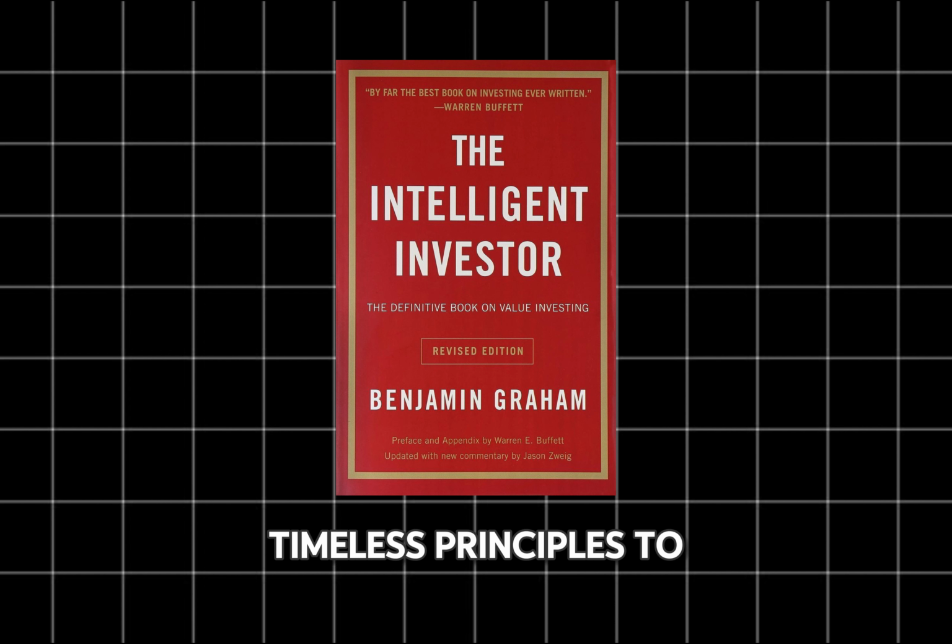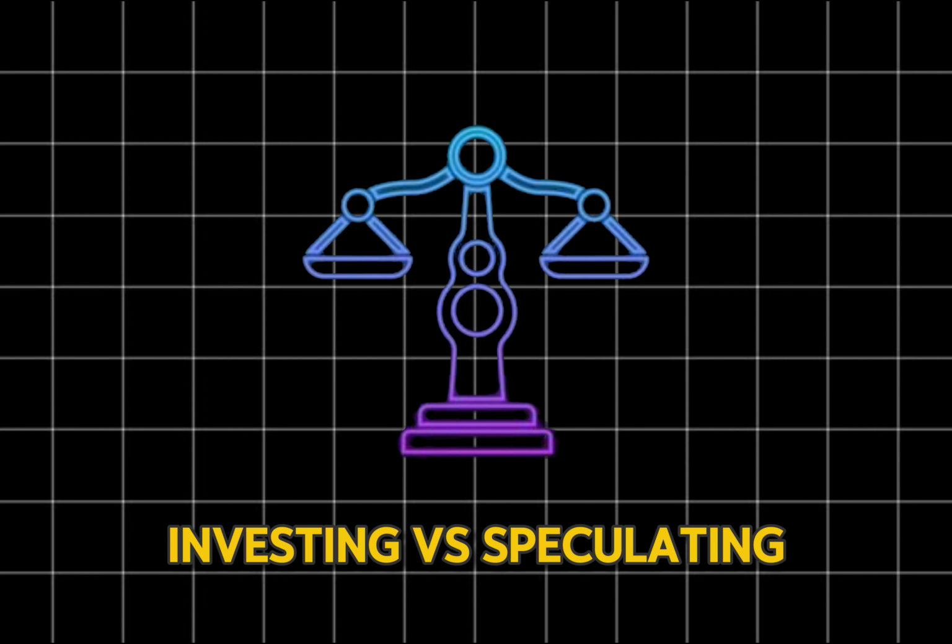Graham provides timeless principles to help investors make rational decisions, avoid speculation, and build long-term wealth. He emphasizes that investing should be based on careful analysis, rather than emotions or market trends. This summary outlines the key lessons from The Intelligent Investor and explains Graham's philosophy on how to approach the stock market wisely.